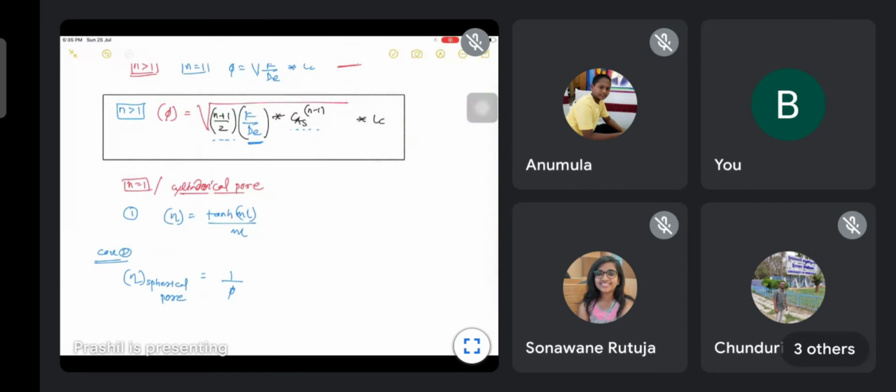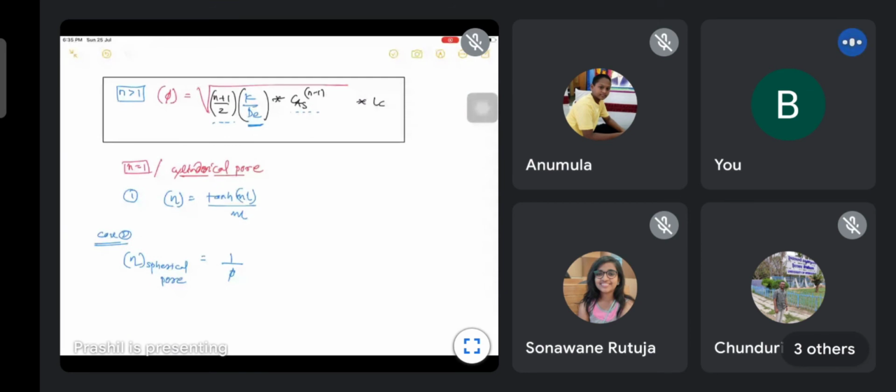Okay, so for a spherical pore you write 1 by phi into, in brackets, 1 divided by tanh(3 phi) minus 1 upon 3 phi.